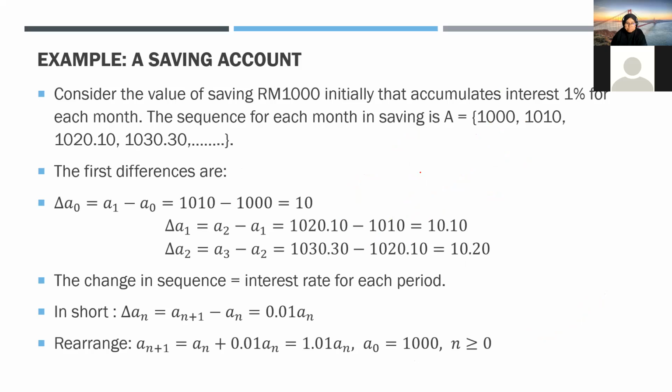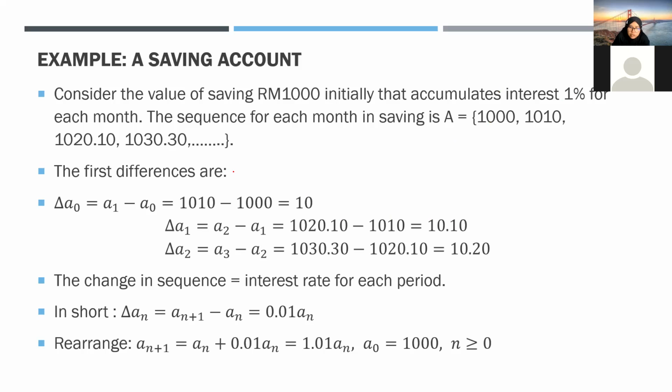Okay, now let's see. Consider a saving account. Consider the value of saving 1,000. So you put 1,000 initially, and the interest is 1% for each month. So for the whole 1 year, it will be 12,000 at 12%.